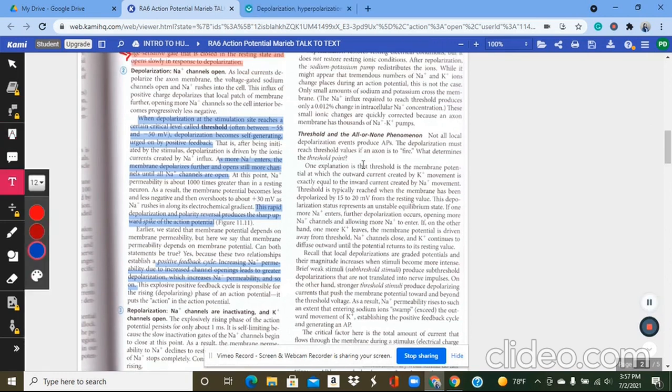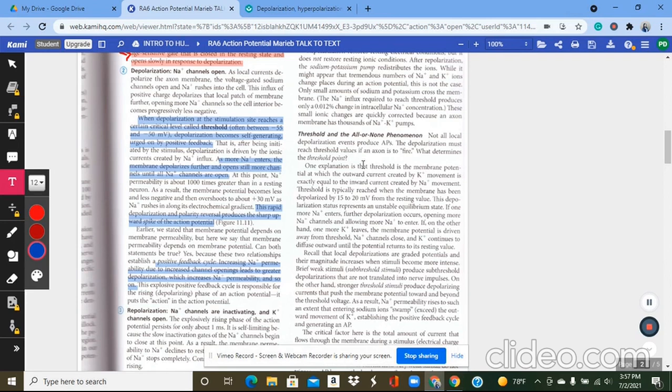So basically, in summary, during this phase, at the critical level called the threshold, the voltage-gated sodium channels in the membrane open, which allows more sodium ions to rush into the cell.